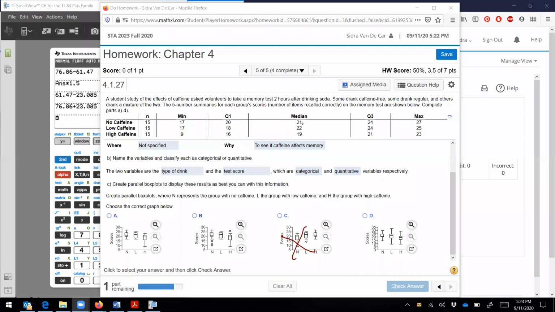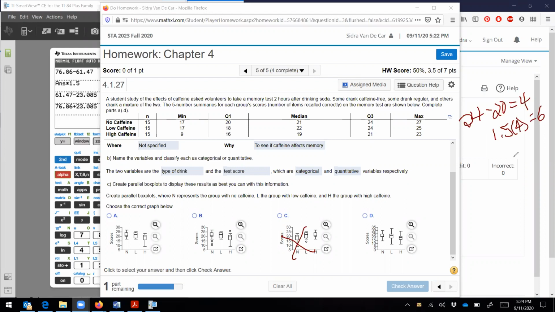Now, that was the median. Now, if I look at my other differences, Q1 is 20 and Q3 is 24 here. So now notice that if I very quickly do 24 minus 20, I get 4. And 1.5 times 4 is 6.